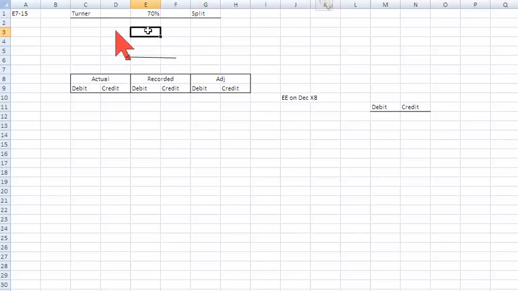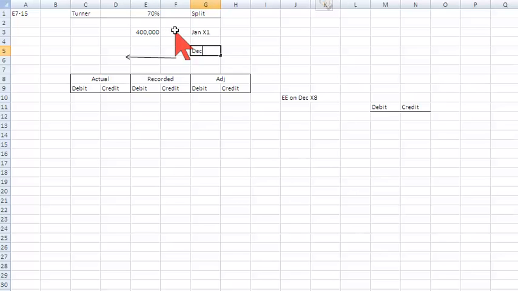So let's put it in: January of X1, bought it for $400,000. This was the original purchase price.